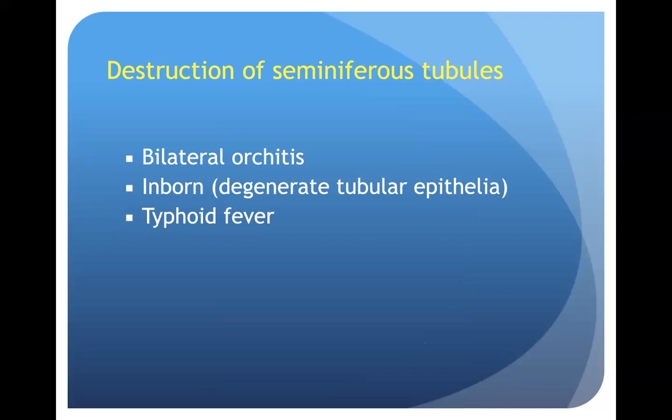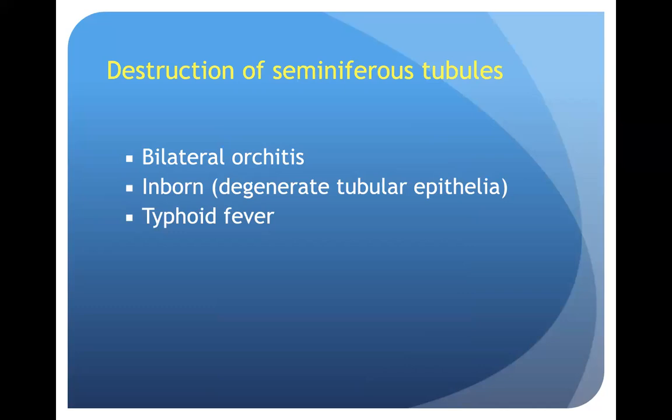This is one of the complications of mumps infection, which we call beke. That's why some people say, oh, you got mumps, you'll become infertile. Because when you have the mumps virus, it can infect your testes. So if one testis is inflamed, at least you still have the other. But if bilateral, there's a high chance you become infertile because of the destruction of your seminiferous tubules.